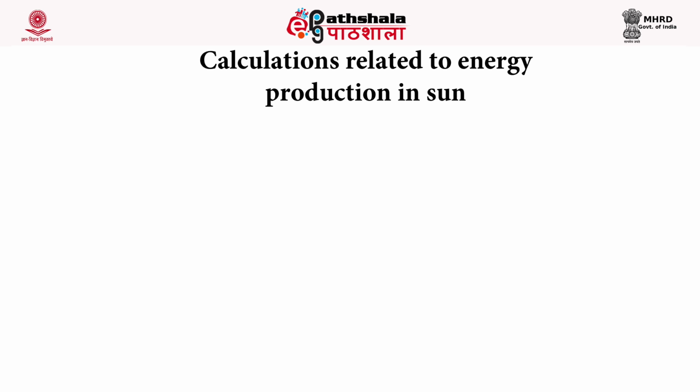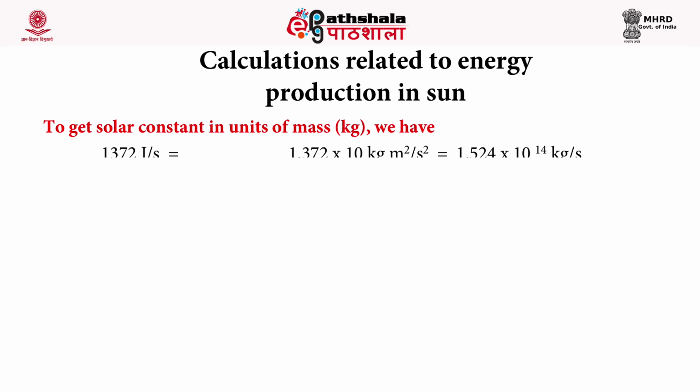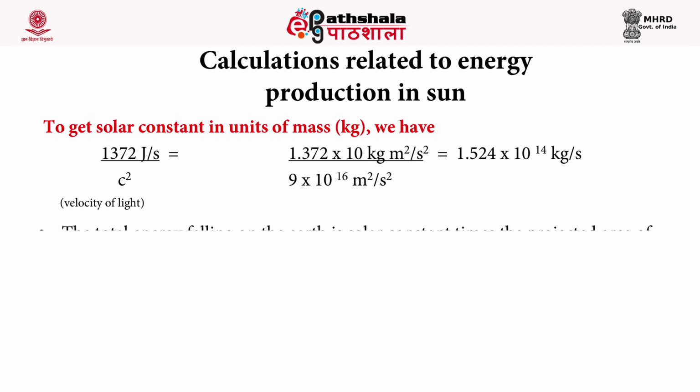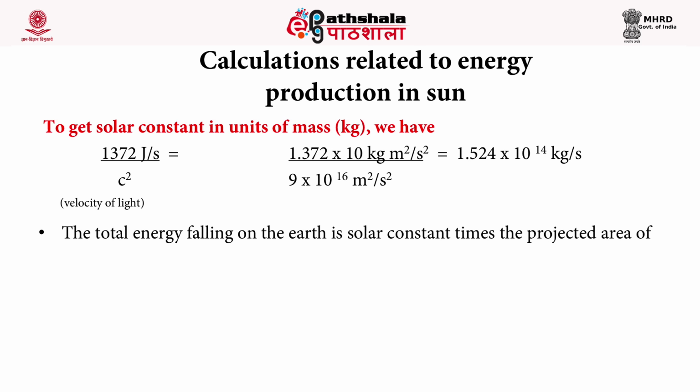To get the solar constant in units of mass, we have to divide the solar constant by c square, since E is equal to mc square. Applying that equation, we get the value of the solar constant in units of mass as 1.524 multiplied by 10 to the power 14 kilogram per second.